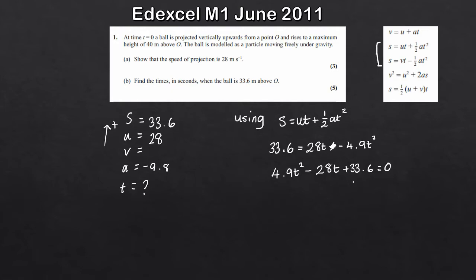So now we're going to solve this. We'd hope we can factorise, but obviously in this case, this is too nasty to factorise. We can't factorise here. So to solve it, I'm going to use the quadratic formula.